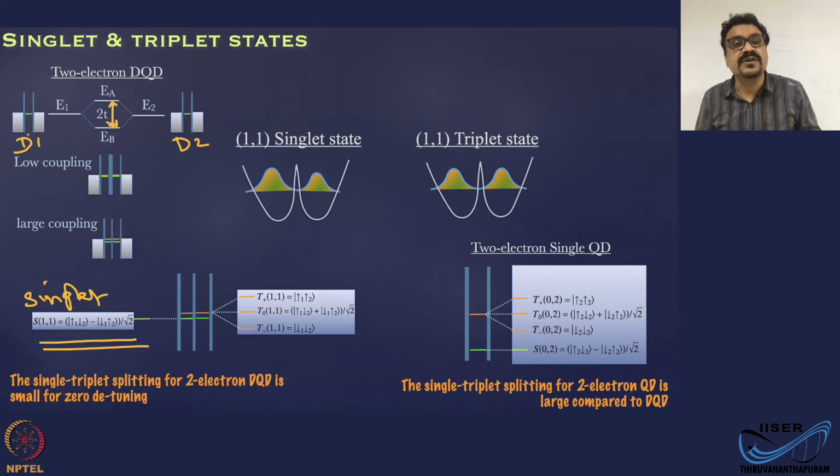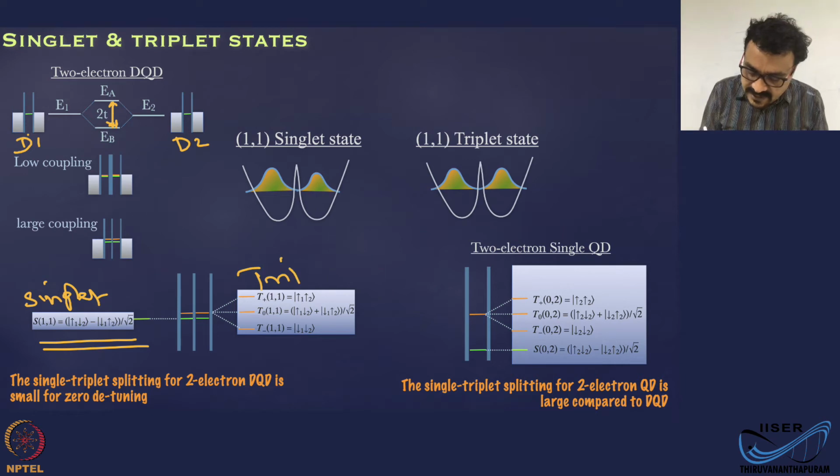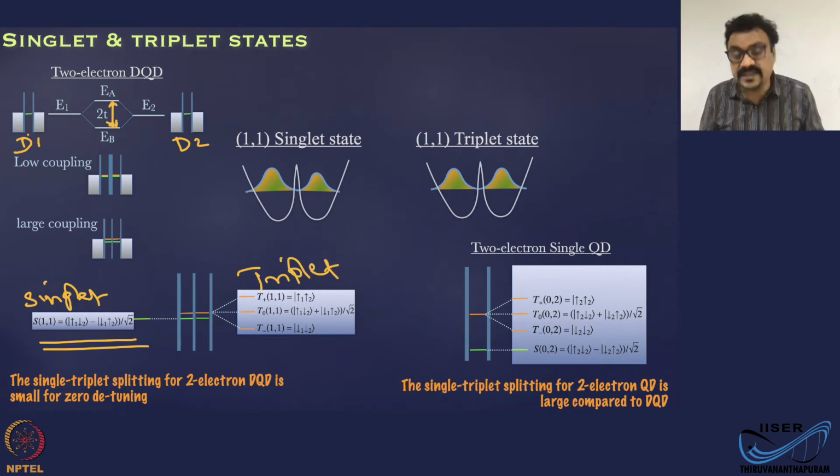That is what you are going to get when you do this. So now you have a singlet state, and you also have a triplet state. That means there are three states degenerate, three states with the same energy. That is T1 (up up), T−1 (down down), and T0, which is down up plus up down by root 2. These are three states.